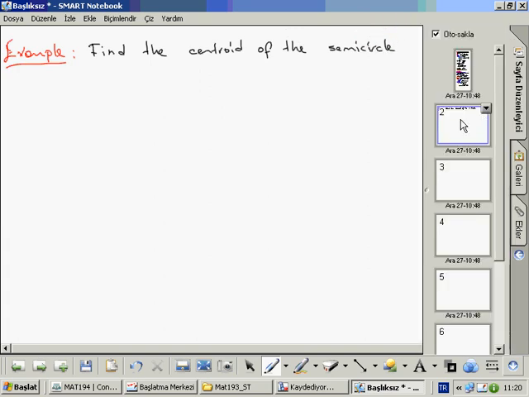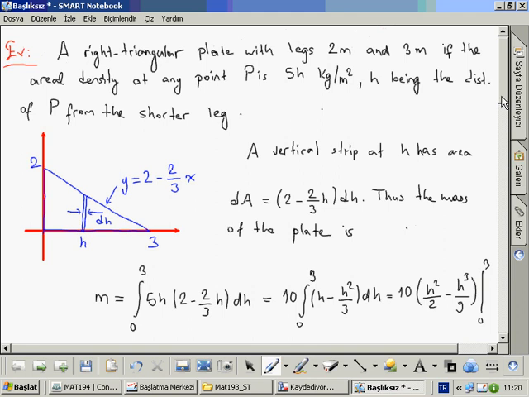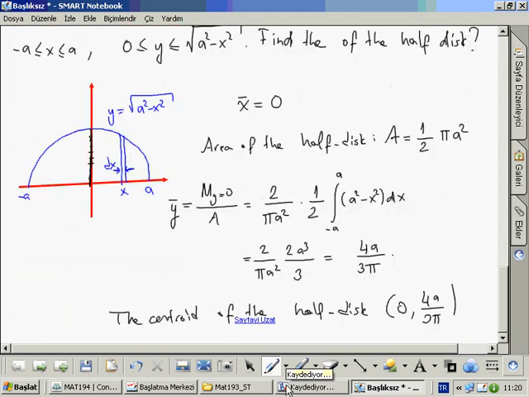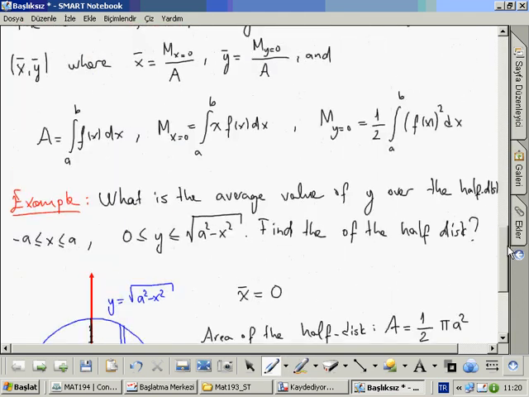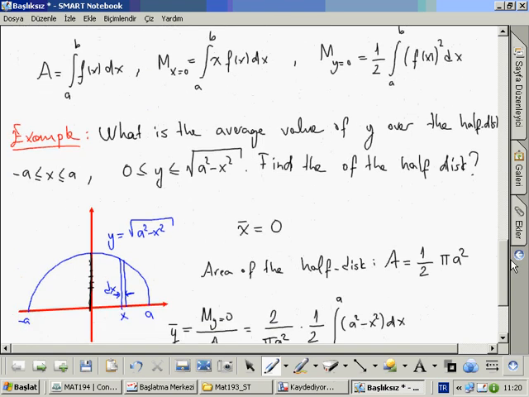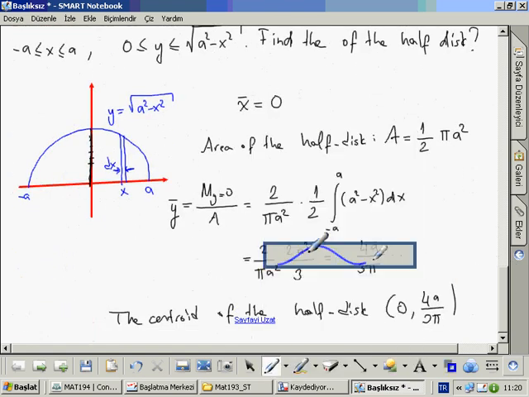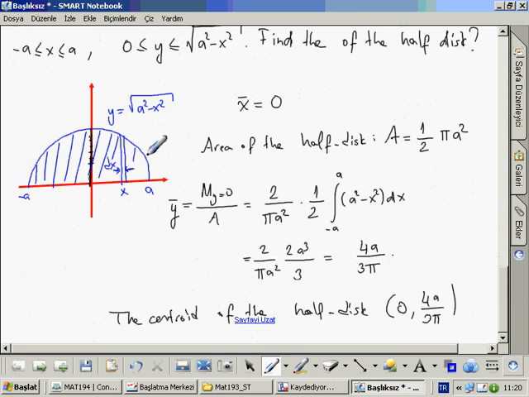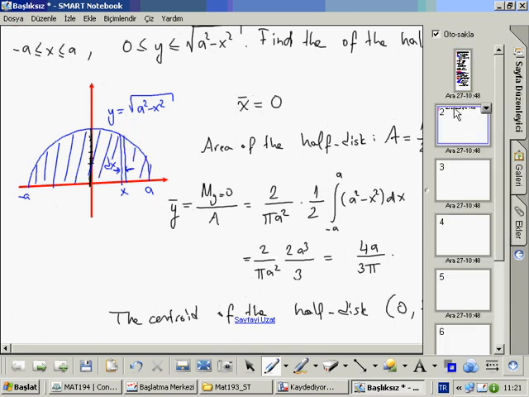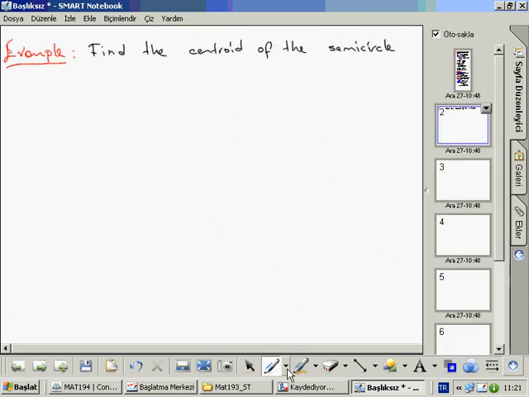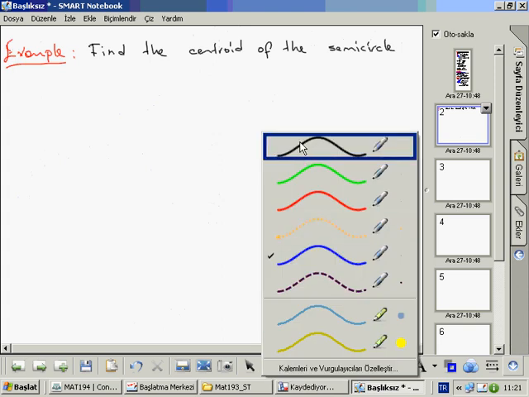Don't forget the previous question, where we were looking for the half disk, which contains this area. But now we are interested in the semicircle.